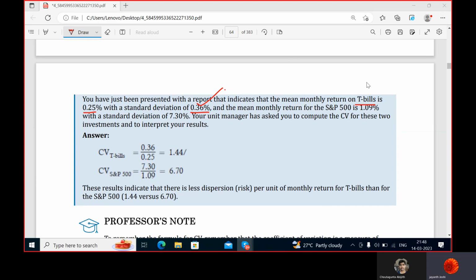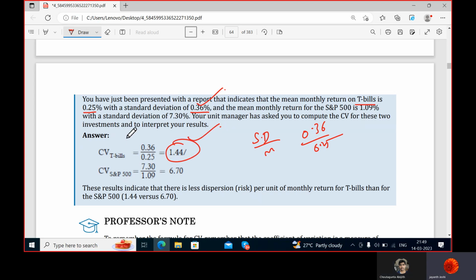Hello. Yeah. So here there is T-bill, and the mean return of the T-bill is 0.25. As you know, the coefficient of variation is nothing but standard deviation divided by mean, and the deviation is 0.36. Mean is 0.25, and it shows 1.44.